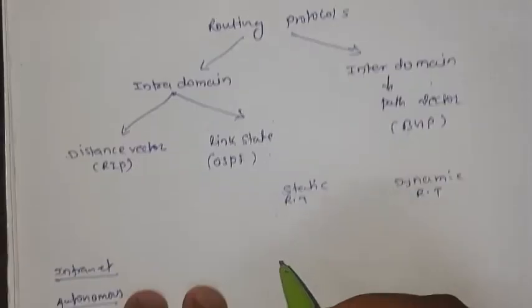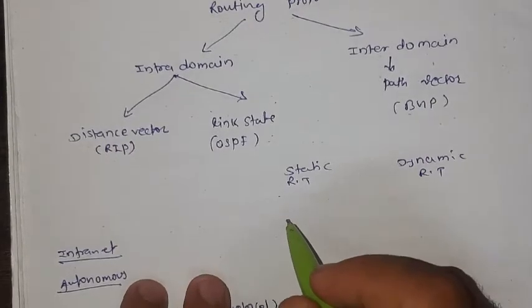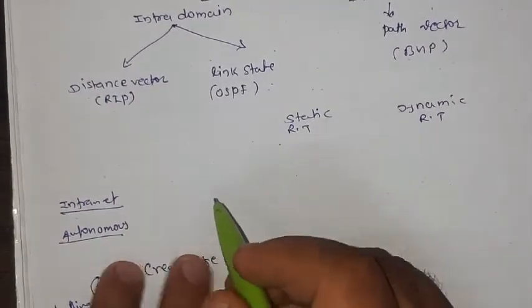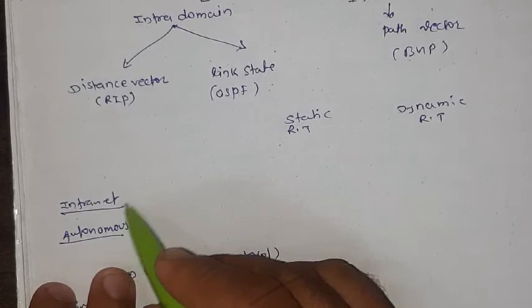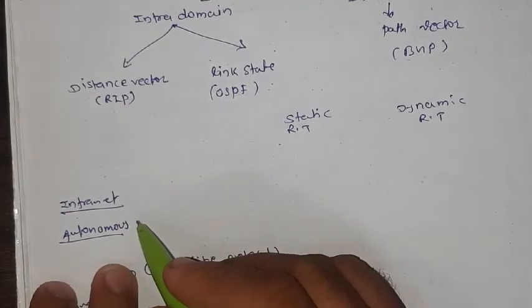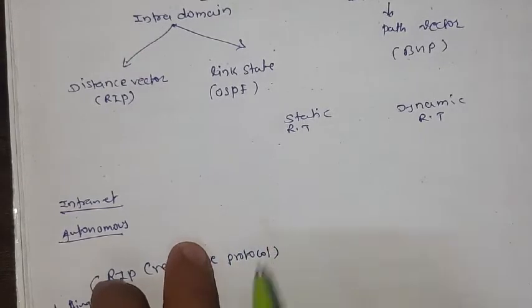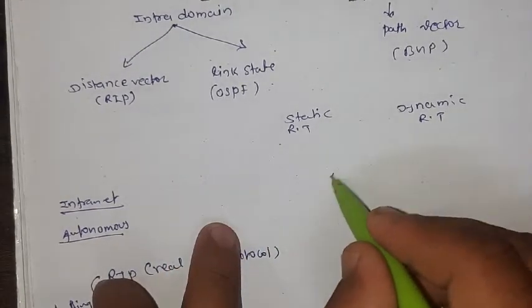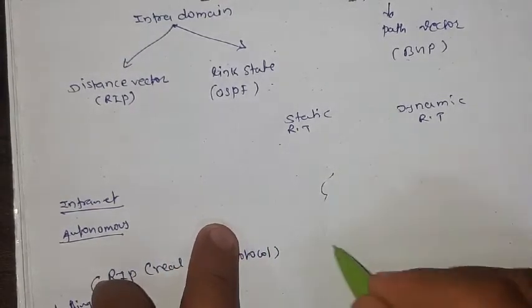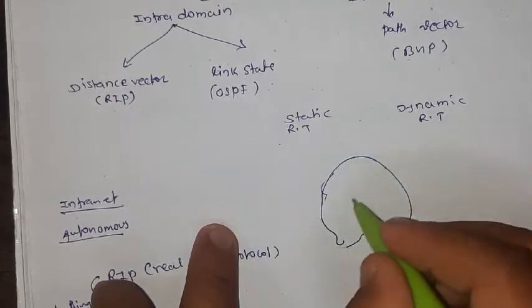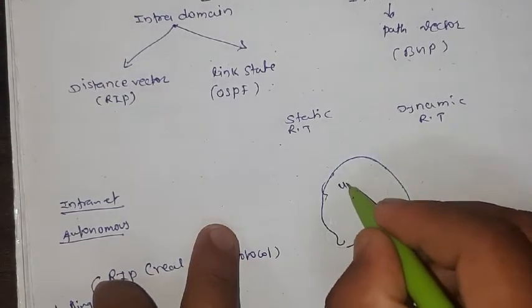Okay, so let's first try to understand what an intranet is. An intranet is nothing but an autonomous system. For example, suppose we have a network of a university.